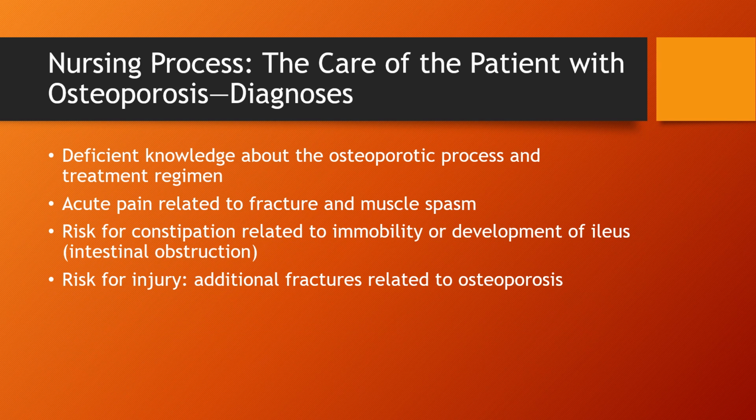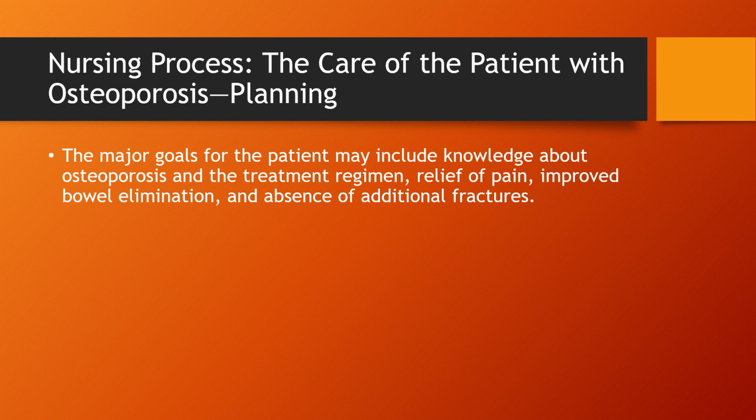And again, these are some of the diagnoses like I talked about earlier. Knowledge will be an important one, deficient knowledge. Acute pain if they've had a fracture, risk for constipation, and then risk for injury. We want to hopefully prevent any occurrences.